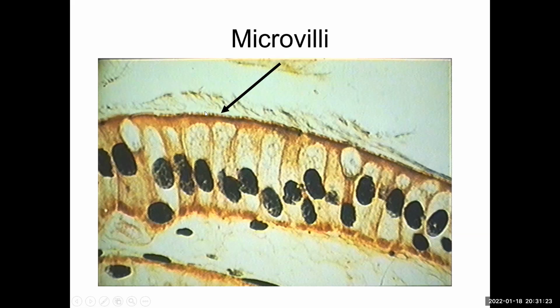Now, this next slide might be troubling for some of you. It's troubling for me. You'll notice here we have the arrow pointing to the microvilli, and then over here it's pointing to these structures called cilia.